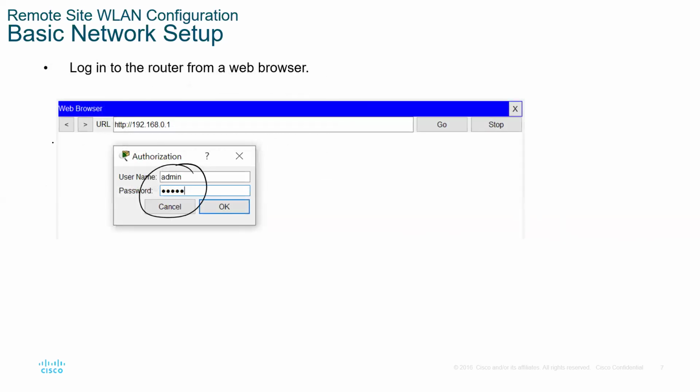By default, probably everyone who deals with networks knows the default IP address of the router, the default username and the default password. So the first thing that you do once you log in is to change those things.